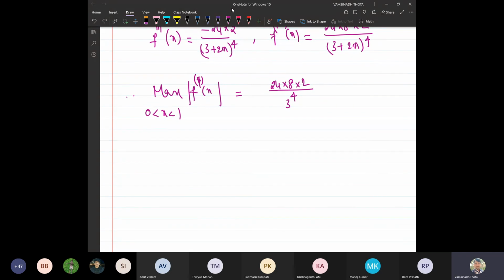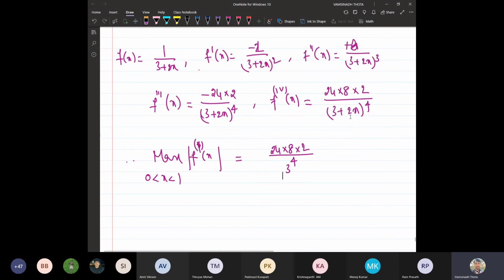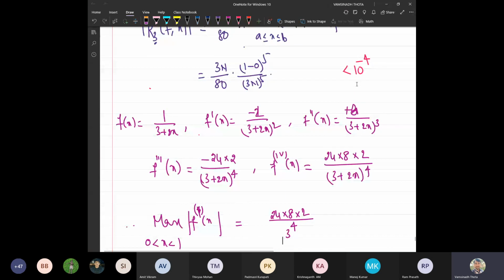Why? Because as the denominator decreases, the value rises, and the numerator does not affect it. So this is the maximum value. Now you substitute everything here: 24 times 8 times 2 upon 3 to the power 5.